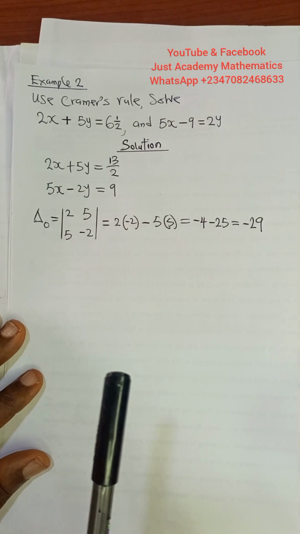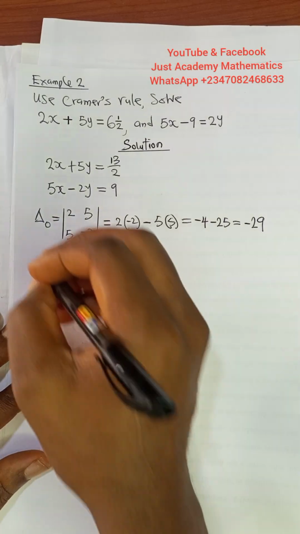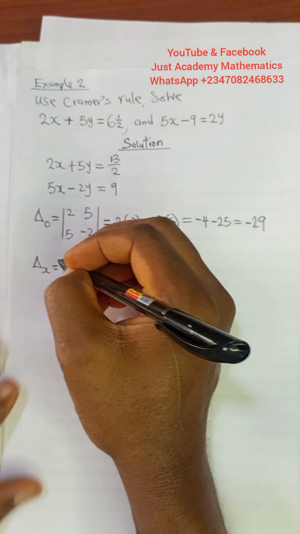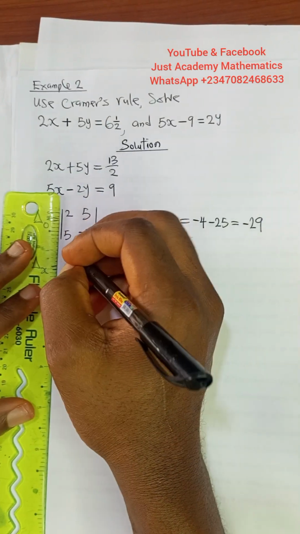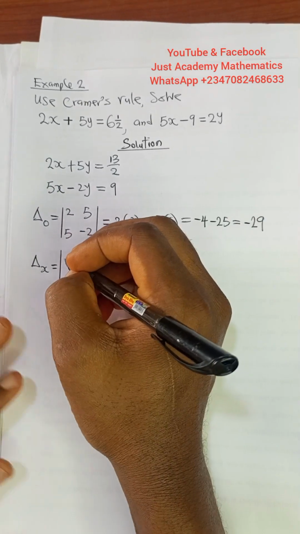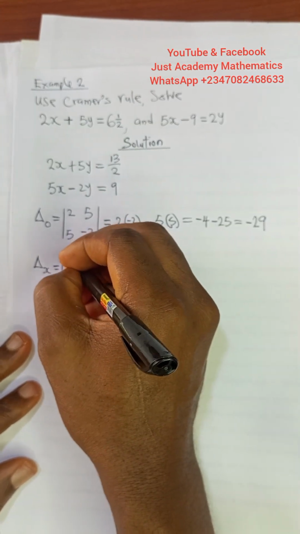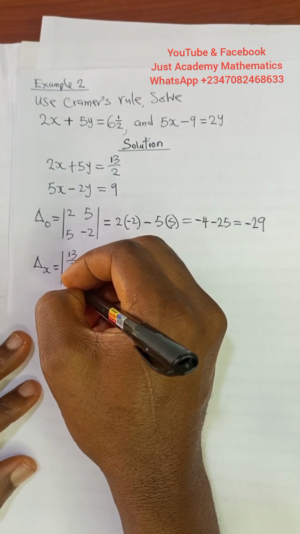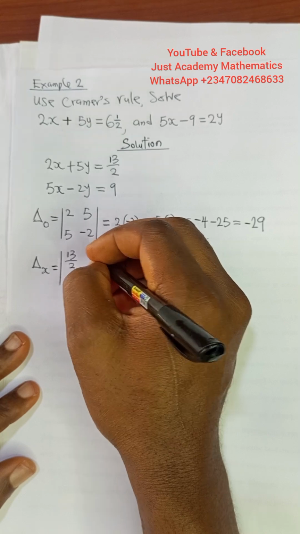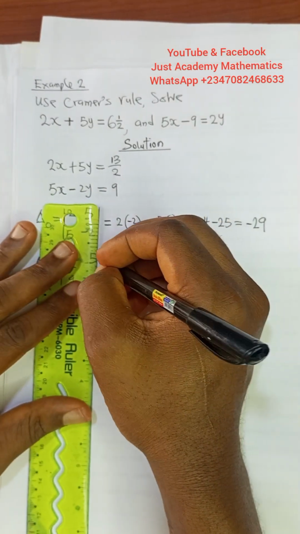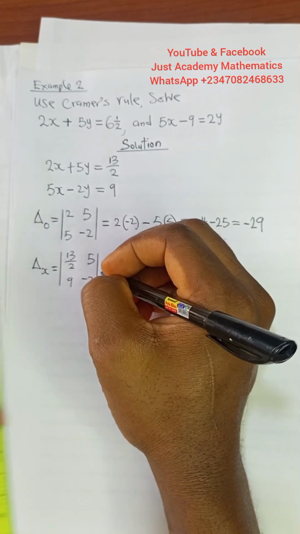So now that we know change in 0, we can go for change in x. Change in x means we replace the x column with the constants. What is the x column? 2 and 5. We omit it and replace it with 13 over 2 and 9. Then we retain the y column, which is 5 and minus 2. So let's get the determinant of this to give us change in x.